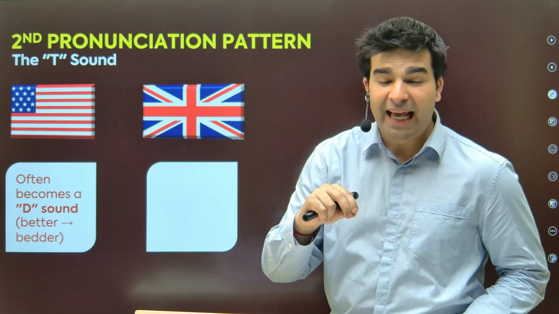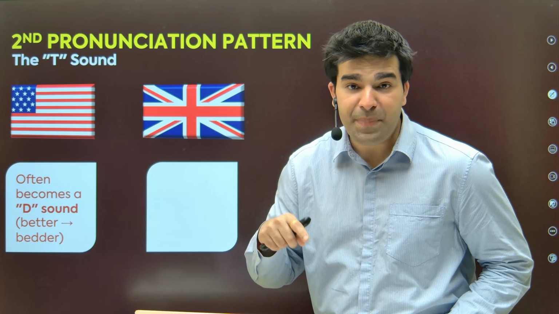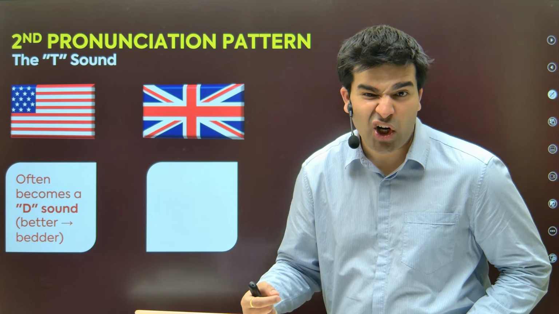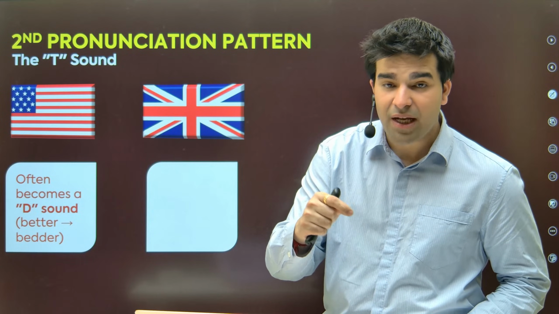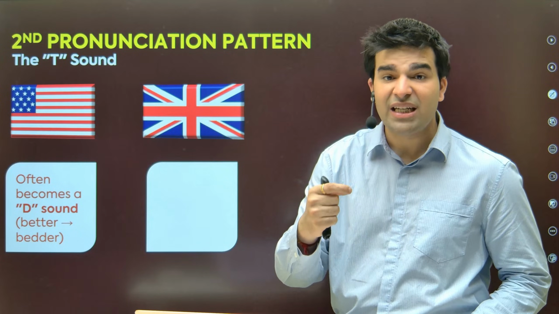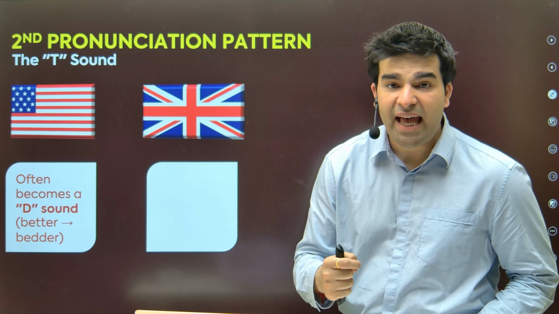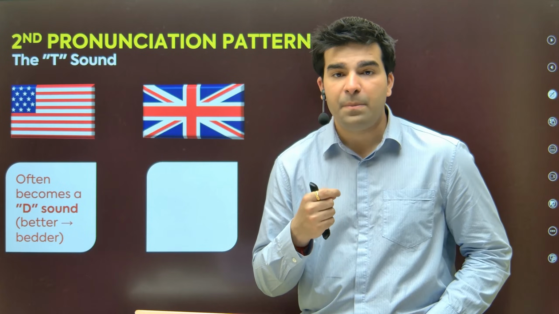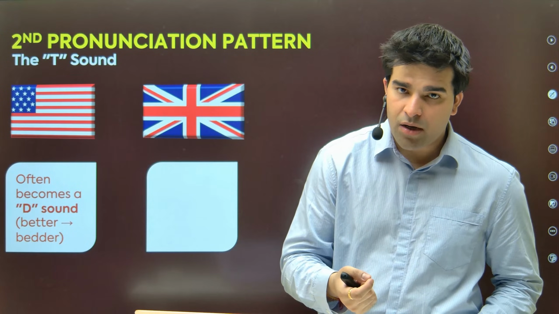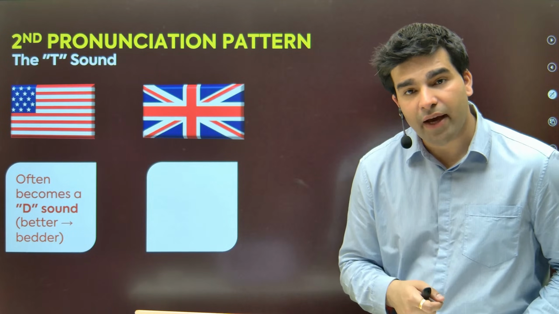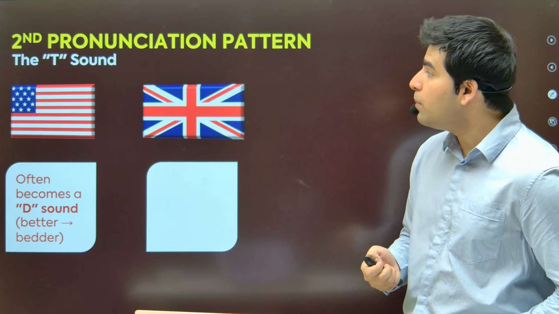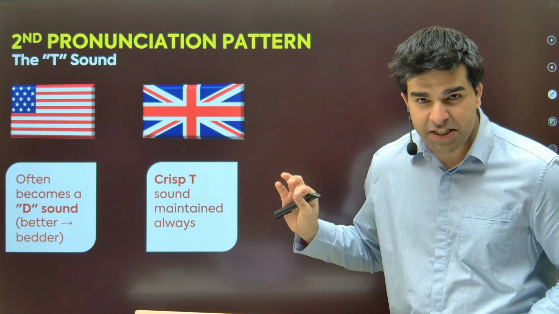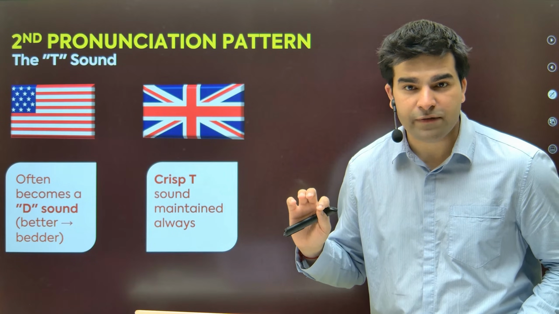So for example, in the word better, the T becomes D. Repeat after me. Better. Better. On the other hand, the British T is very crisp and there's absolutely no difference whatsoever.